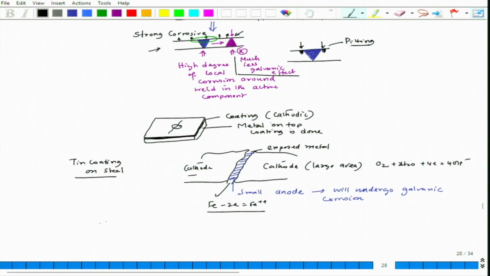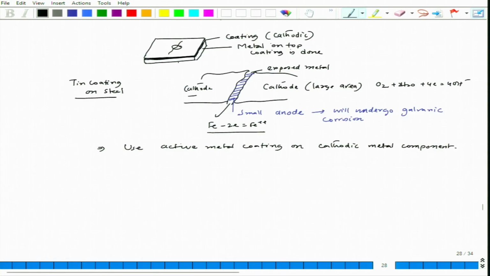So, iron is protected due to the sacrificial effect of zinc when there is a scratch on that zinc coating and exposure of the underlying metal to the environment, right. So, that is the solution.